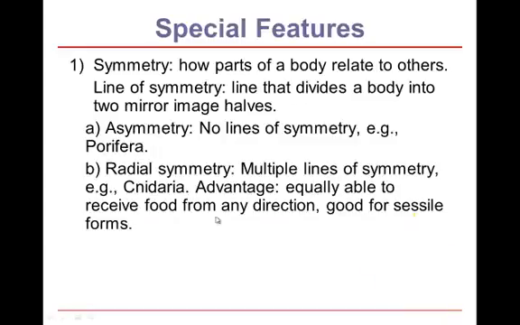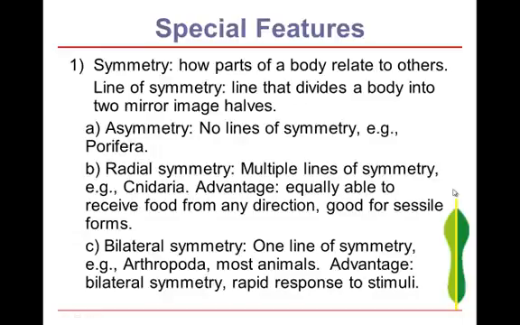A third possibility, which is the most common type of symmetry, is for an animal to have bilateral symmetry. There is one line or plane of symmetry that divides the body into mirror image halves. I put here as an example Arthropoda, but I could have put here almost any of the animal phyla, as the vast majority of animals do have bilateral symmetry.